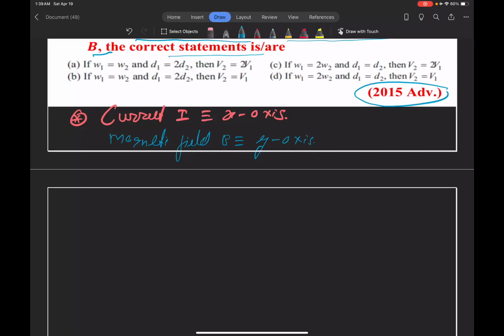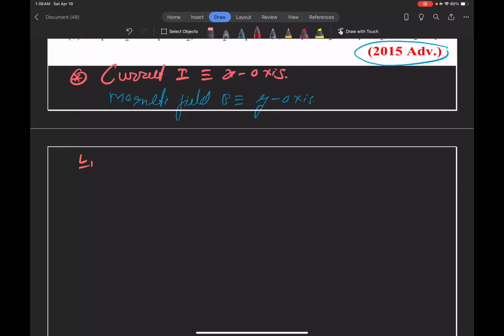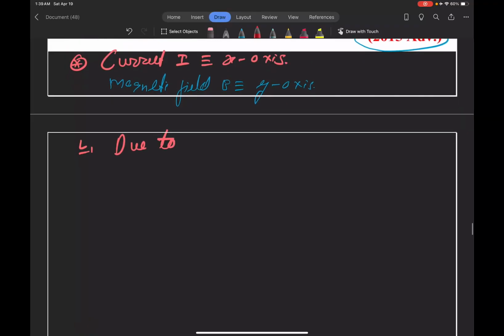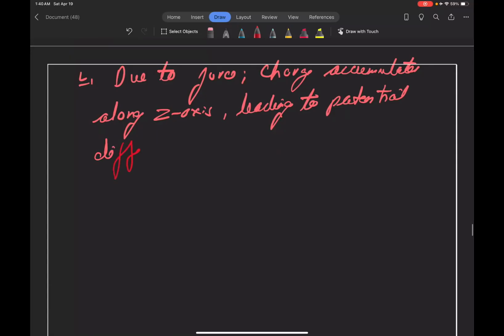This Hall voltage develops until the magnetic force is balanced by the electric force.